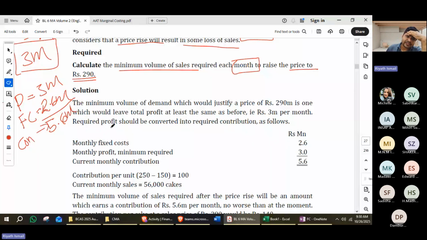But the thing is, earlier the contribution was: selling price 250 and variable cost 150, so the contribution was 100.